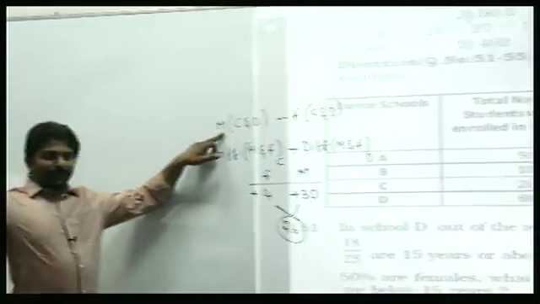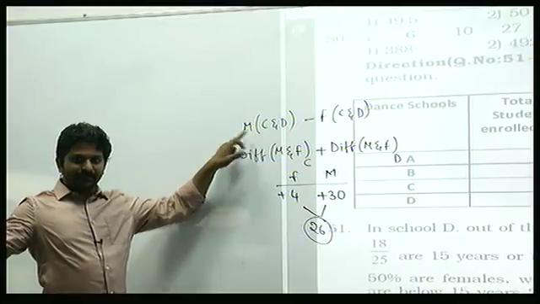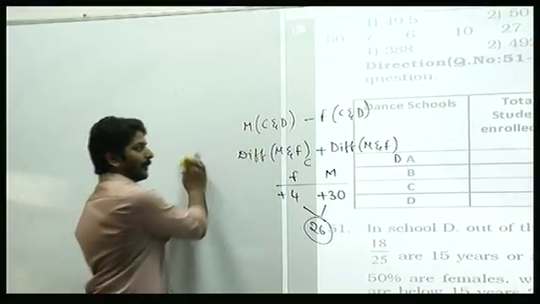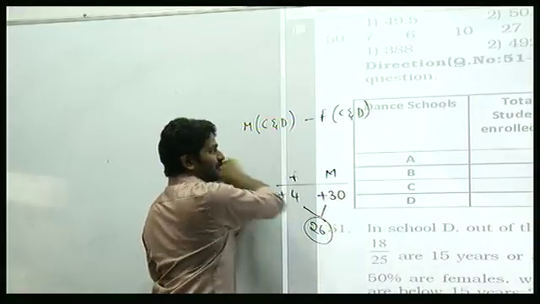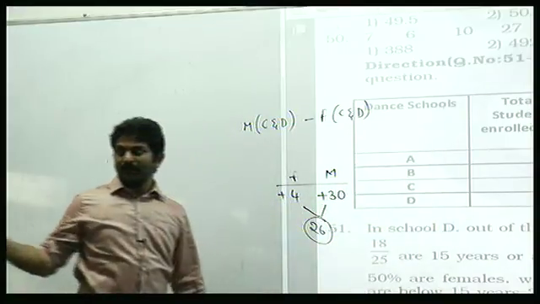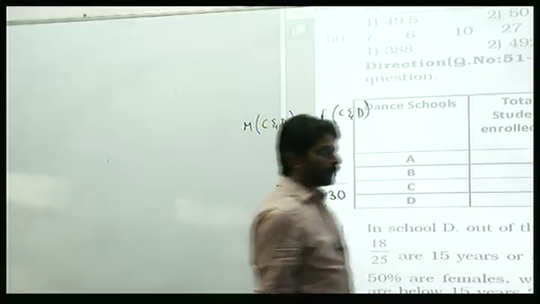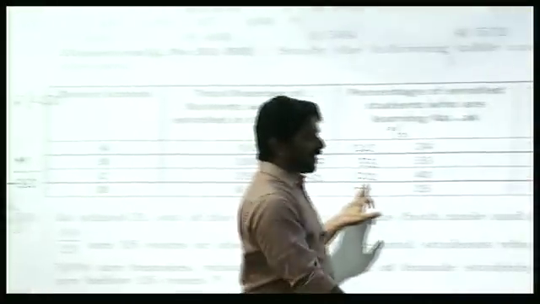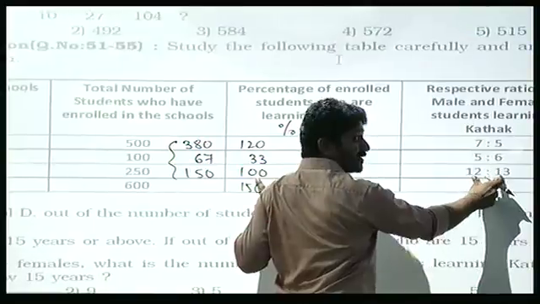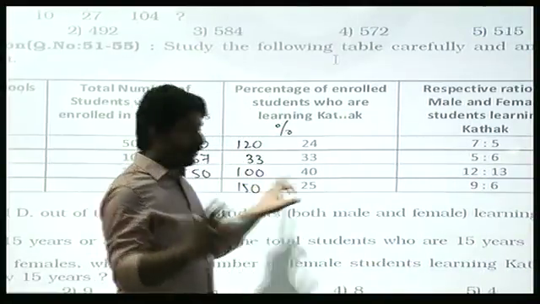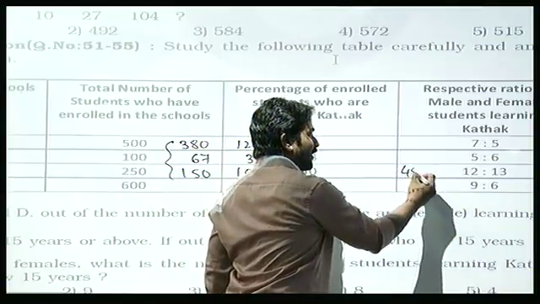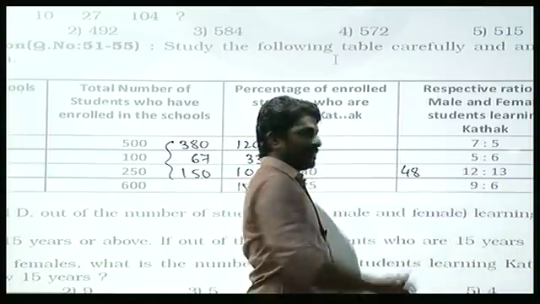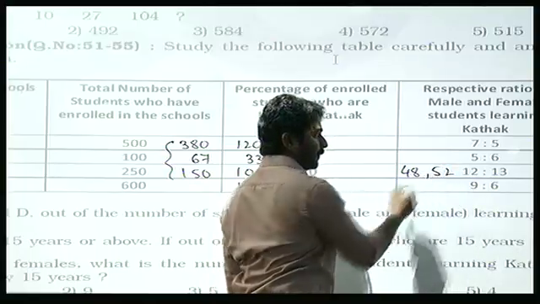Otherwise you need to go for 4 different conversions. Let's see this also. Male from C and D. So 100 is divided into 25 parts. Each part is 4. Male are 12 parts, 12 fours, 48. Female are 13 parts, that is 52.